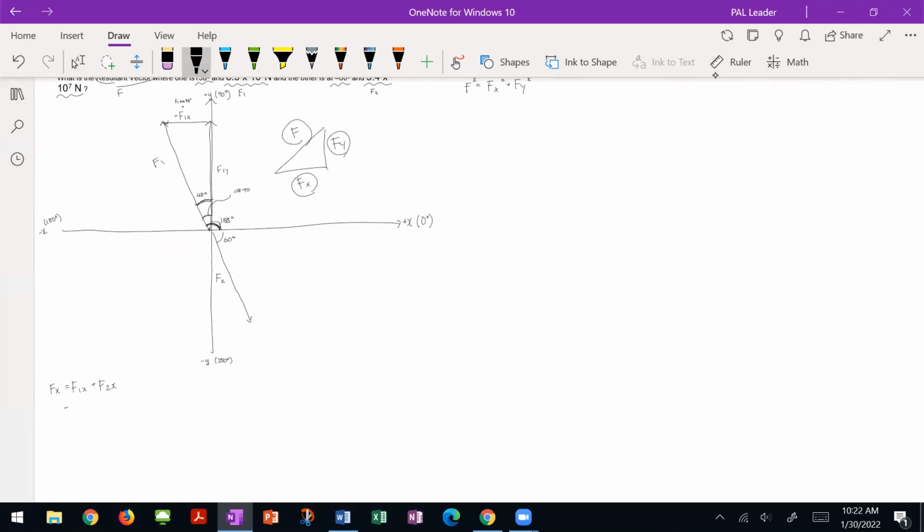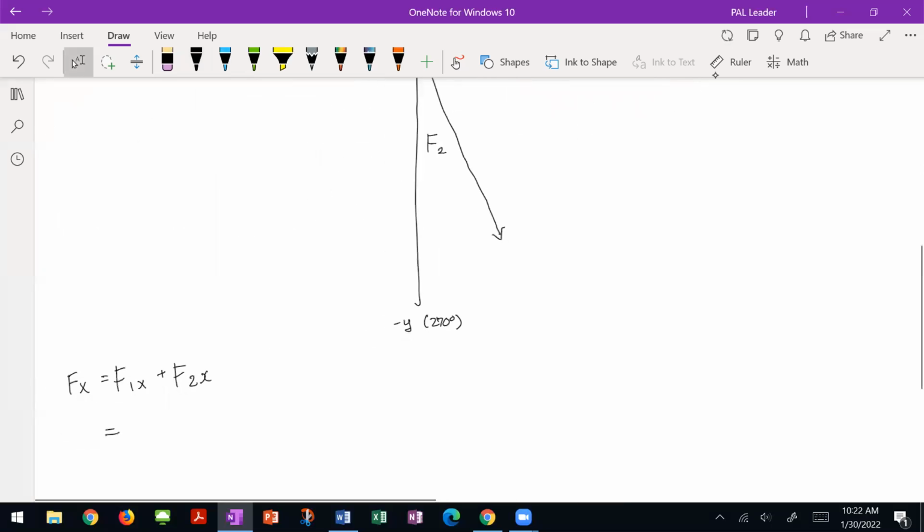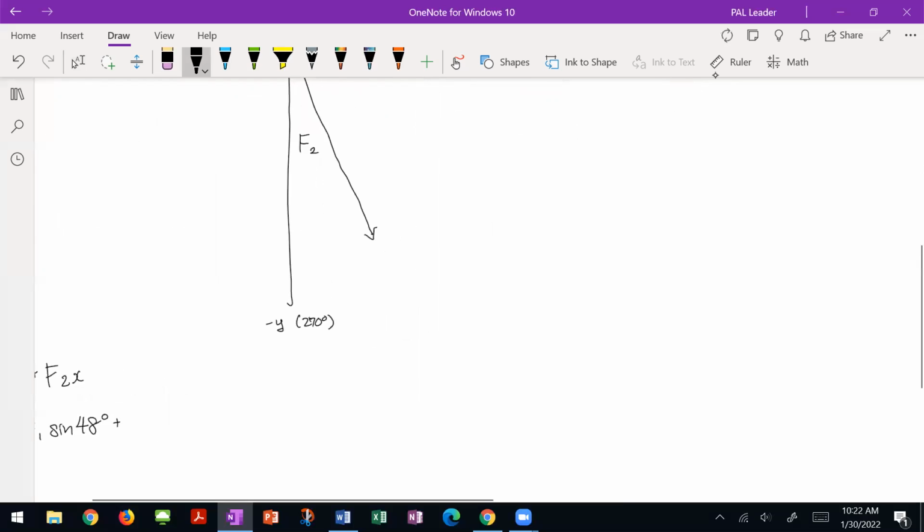F1x was F1 sine 48 degrees. Oh, I did it again. I forgot about the direction that we're going. F1x, that's a negative, right? Because we're going left. I always forget that. Negative F1 sine 48 plus, now let's look at F2x.